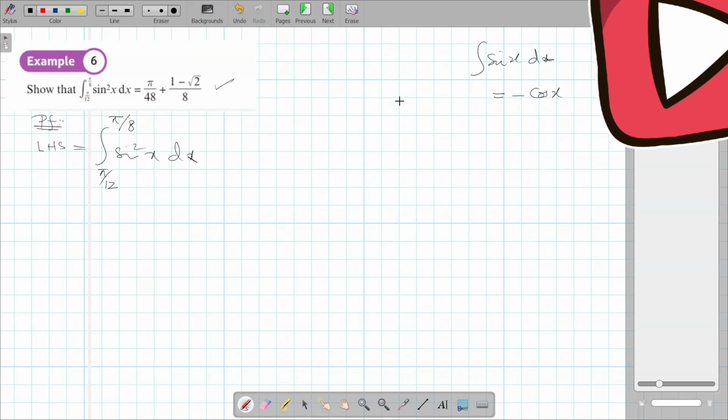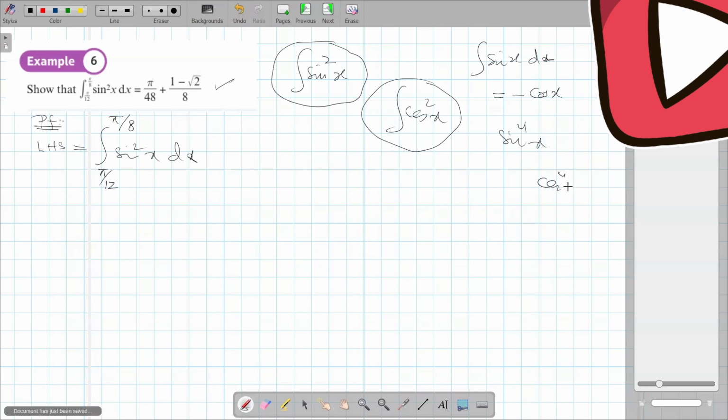You need to keep in mind whenever there is sine square x or cos square x, or there are many other cases as well, sine power 4x or cos power 4x, these all are similar. Integration of sine 4, integration of cos 4.